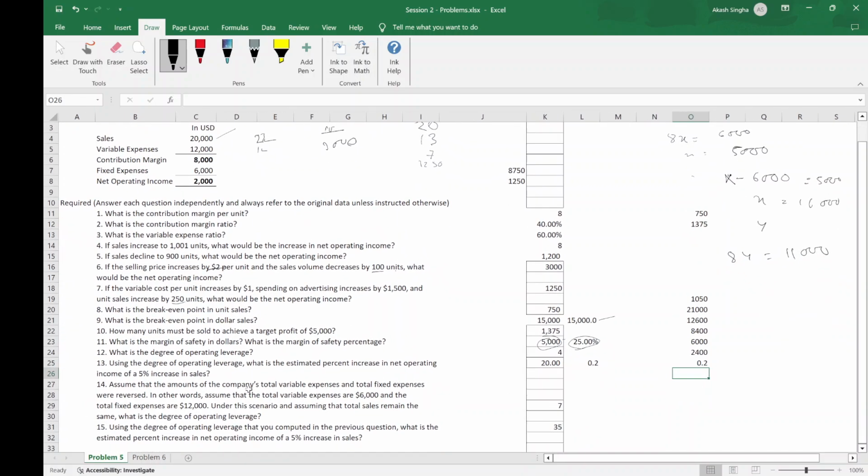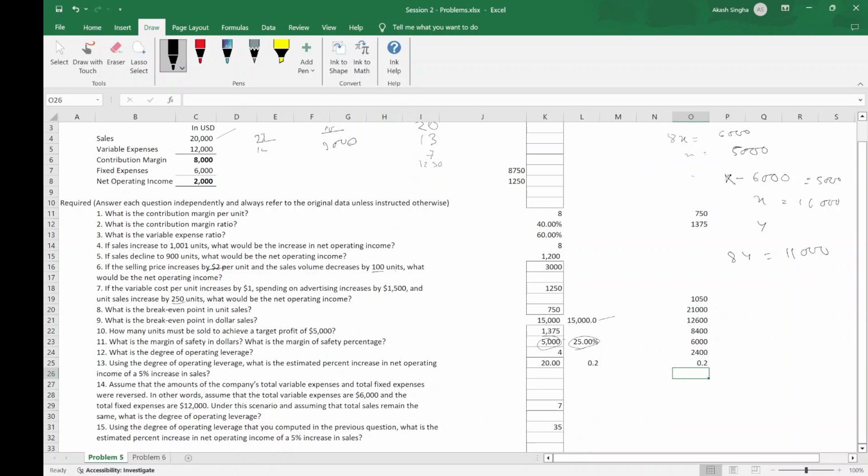Assume that the amounts of the company's total variable expense and total fixed expense were reversed. So variable expense 6,000 and fixed expense 12,000.